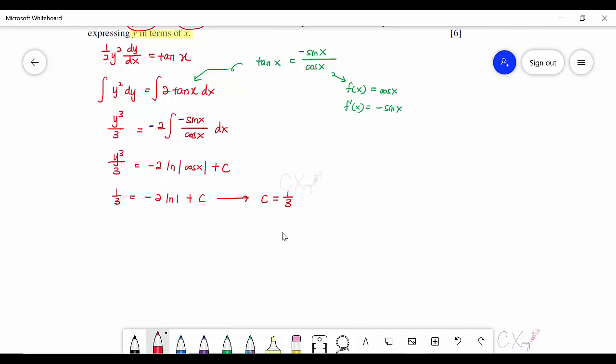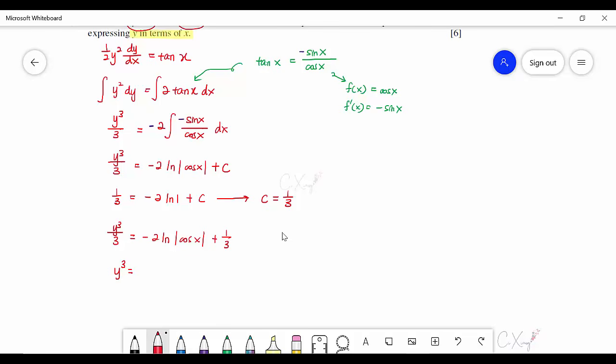Once you get the value of the constant, you rewrite your equation of the curve again. Look at the instruction of the question. They want you to express y in terms of x. So I need to move everything, all the numbers, from the left to the right hand side.